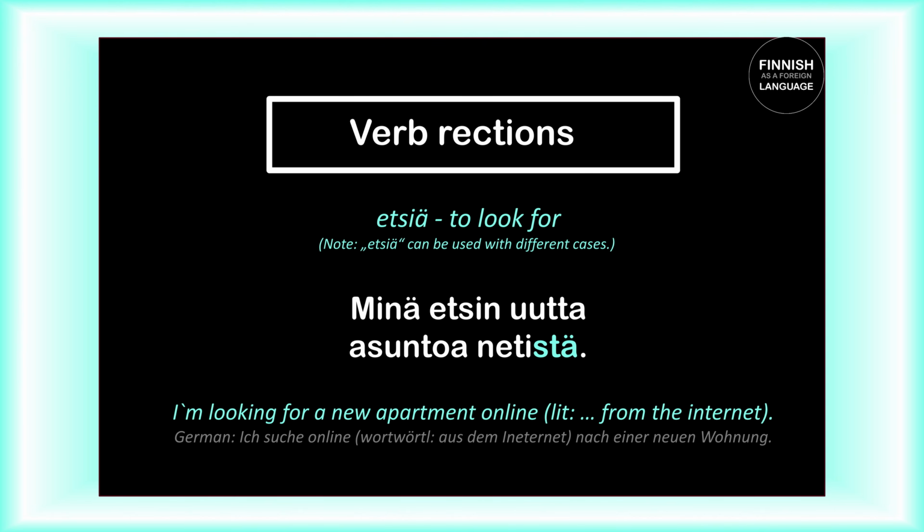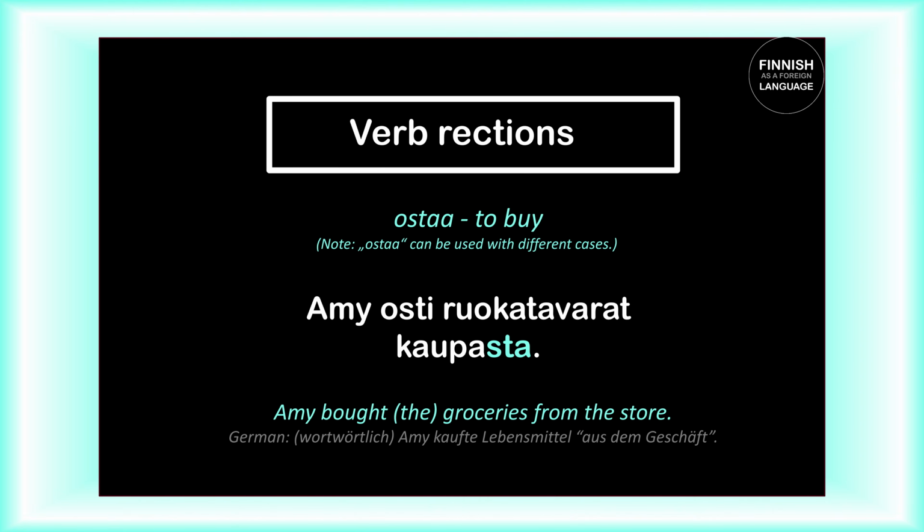Next one, for example, ostaa means to buy. This verb can also be combined with the elative case. Here's one example. Amy osti ruokatavarat kaupasta means Amy bought groceries from the store. So Amy osti means Amy bought. Osti is the third person past tense of the verb ostaa, which means to buy, and ruokatavarat means groceries.